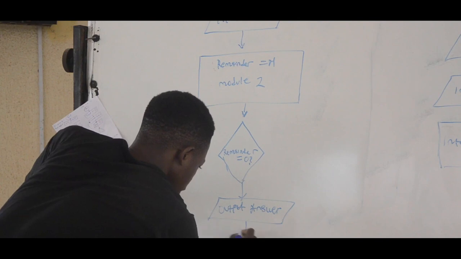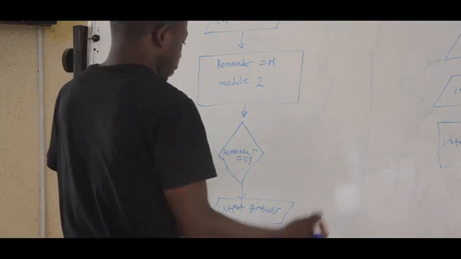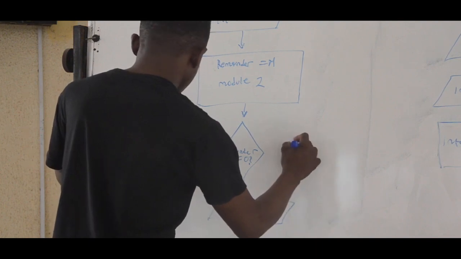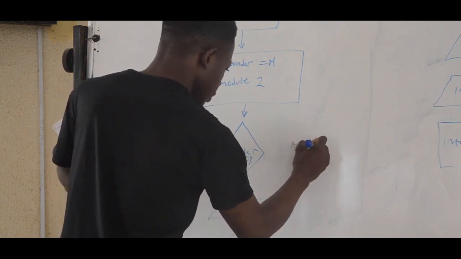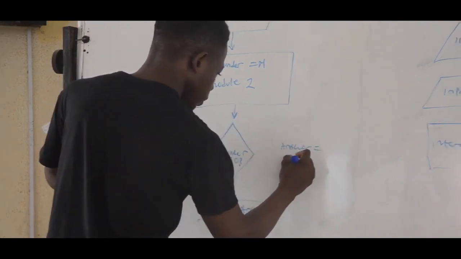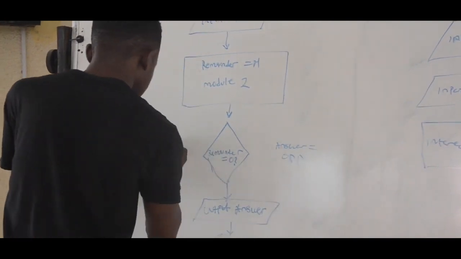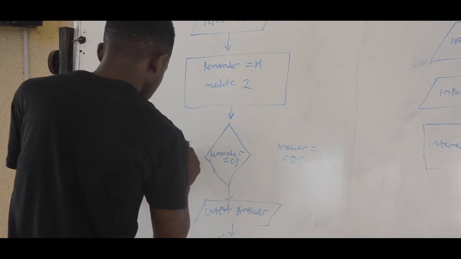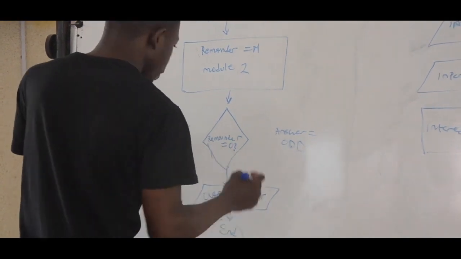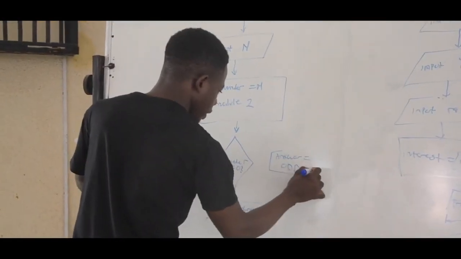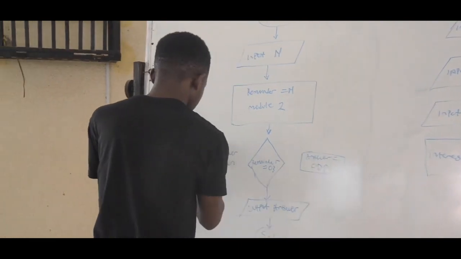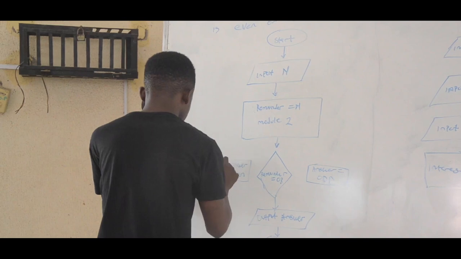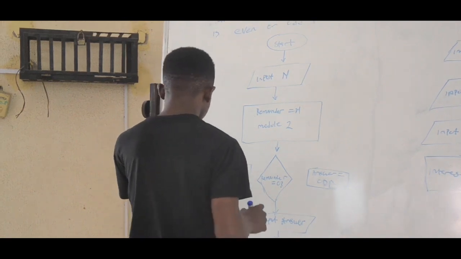Your even and odd is not there, so you have to add it. Here should be answer equal to odd, while here is answer equal to even, and this will be represented by process, which is a rectangle. It's not a square, it is a rectangle.